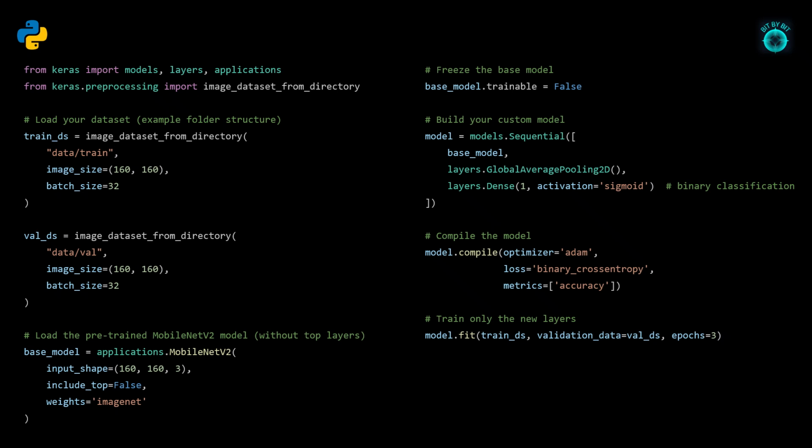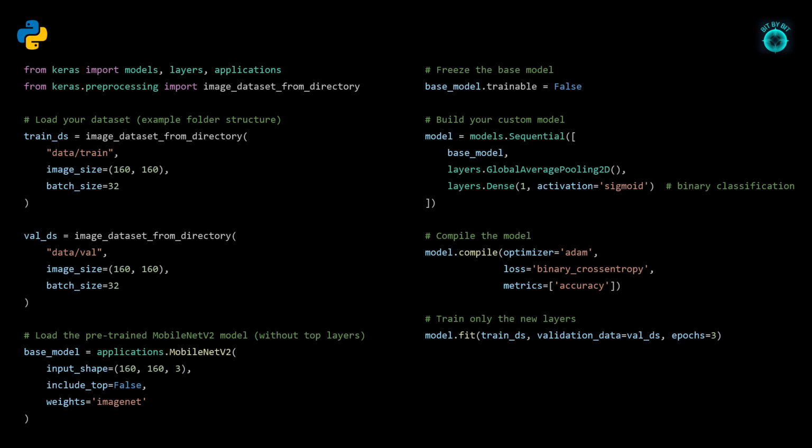We now stack our custom layers on top, a global average pooling layer to reduce features, and a single dense output layer with a sigmoid activation for binary classification. After compiling the model with the Adam optimizer and binary cross-entropy loss, we train it for just a few epochs.